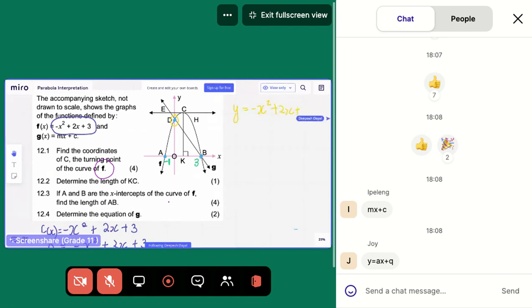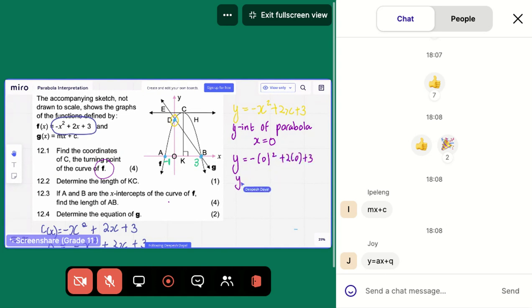To find the y-intercept of the parabola, our x value equals 0. So y equals minus 0 squared plus 2 times 0 plus 3.